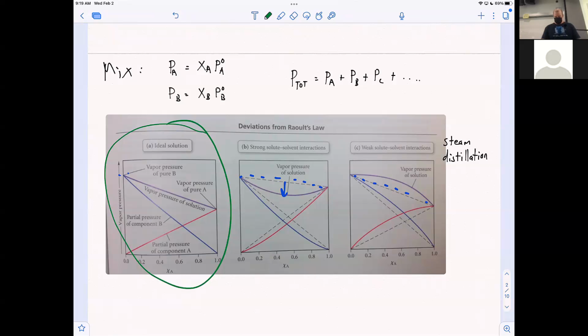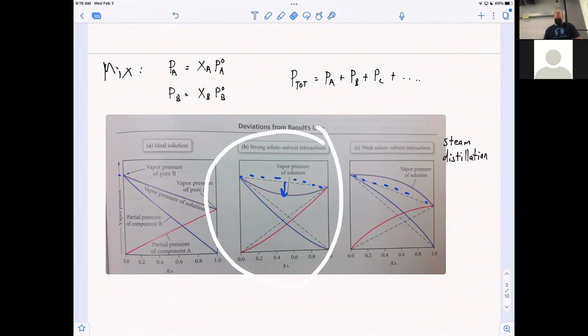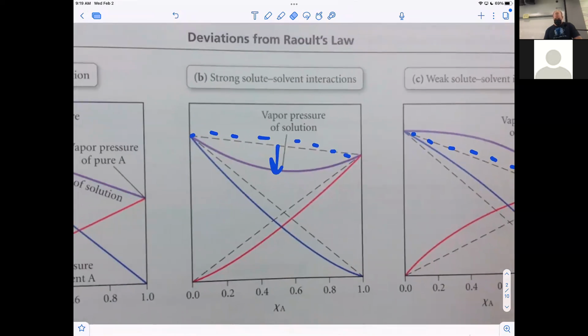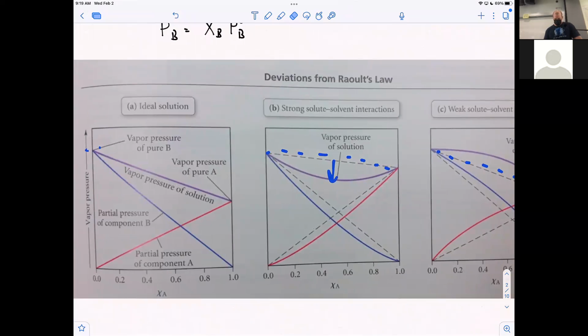Then there are some cases where the solvent and solute have very strong interactions, and you can get a case like this. So I should describe the graph.